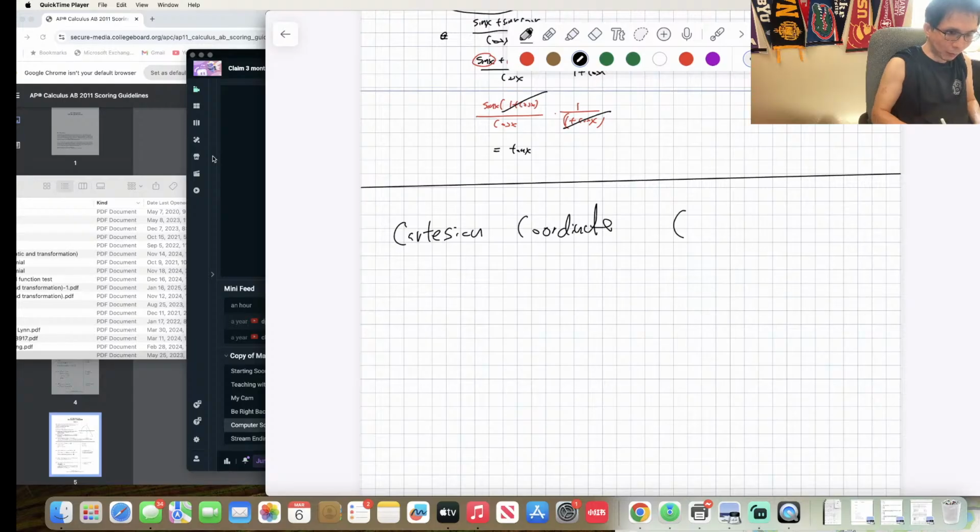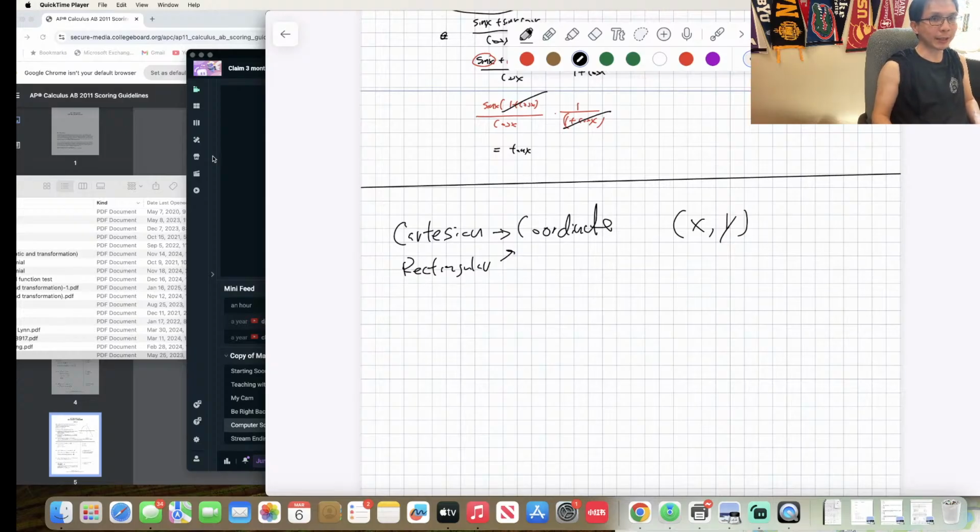That means the one that you know, x and y. Cartesian coordinate is also known as rectangular coordinate. Cartesian, rectangular, they all mean the same thing. X and Y.